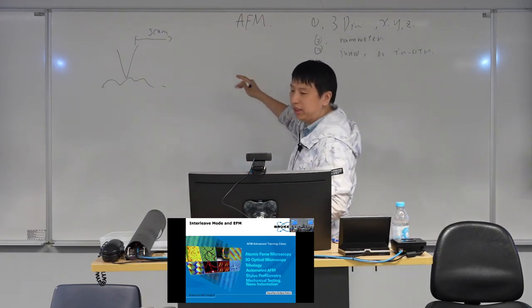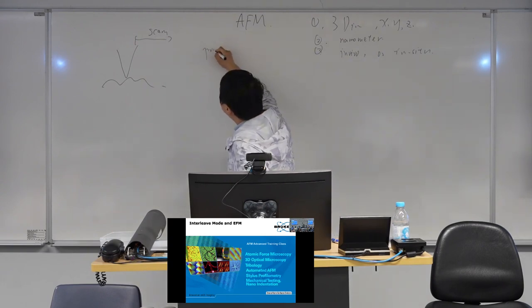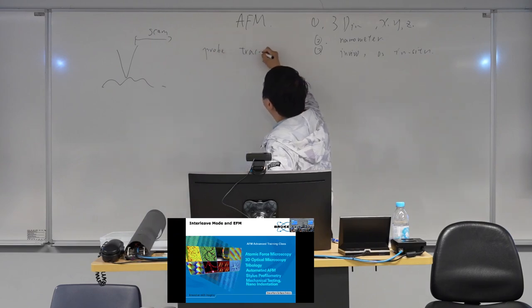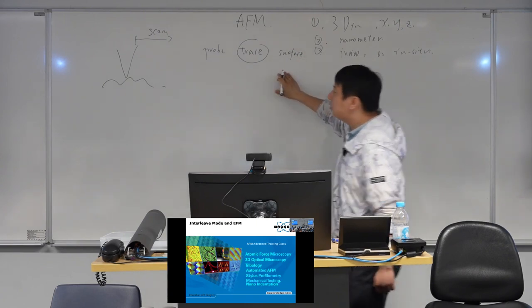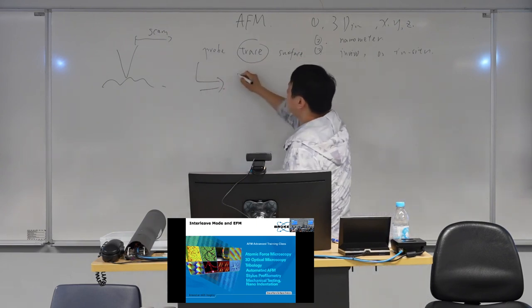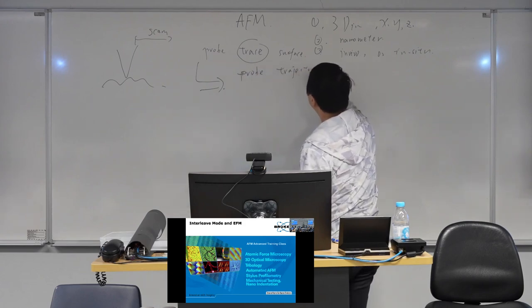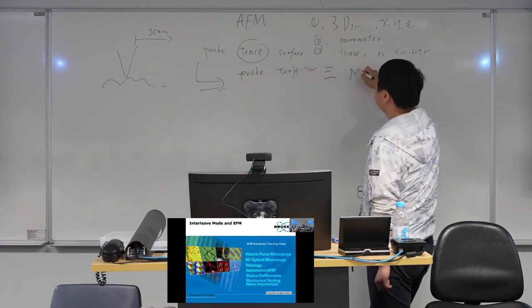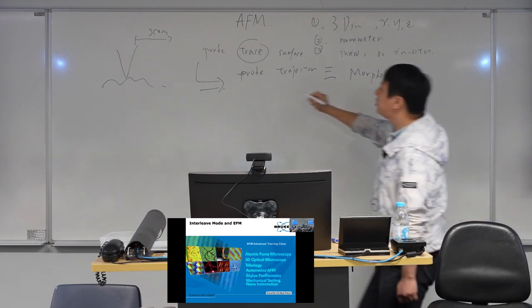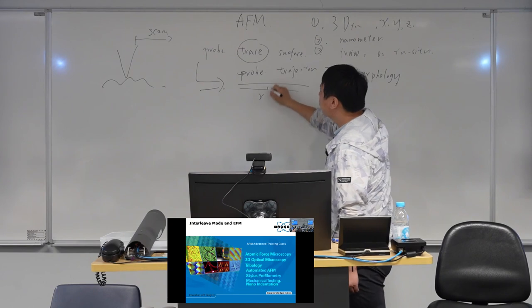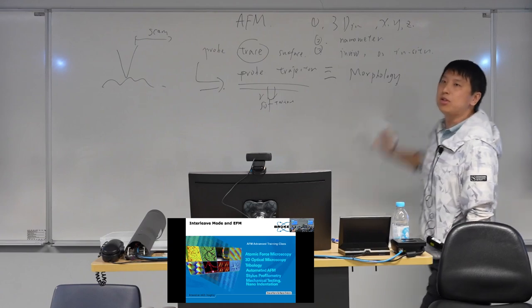We let our probe trace on the surface, and then the probe trajectory equals the morphology. We just record the probe trajectory in the software, and that gives us the morphology of the sample.